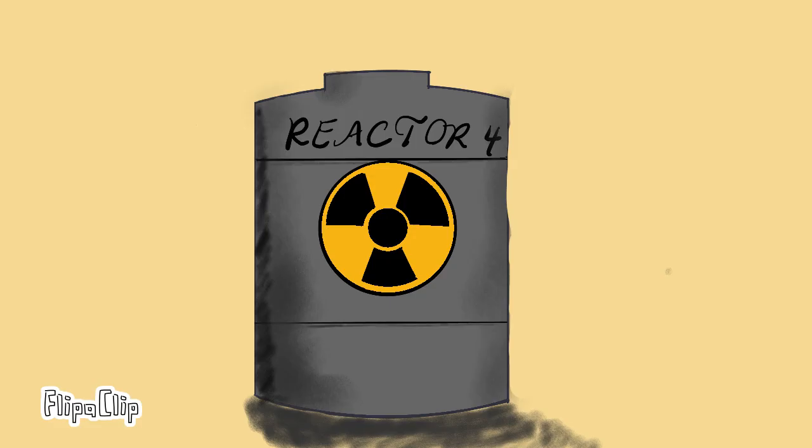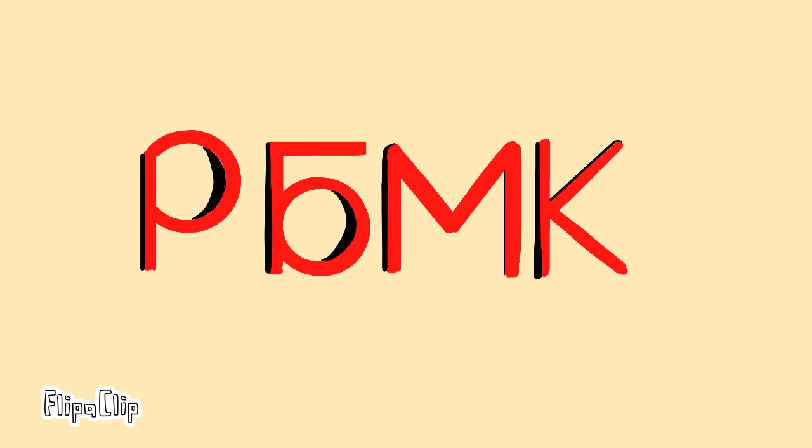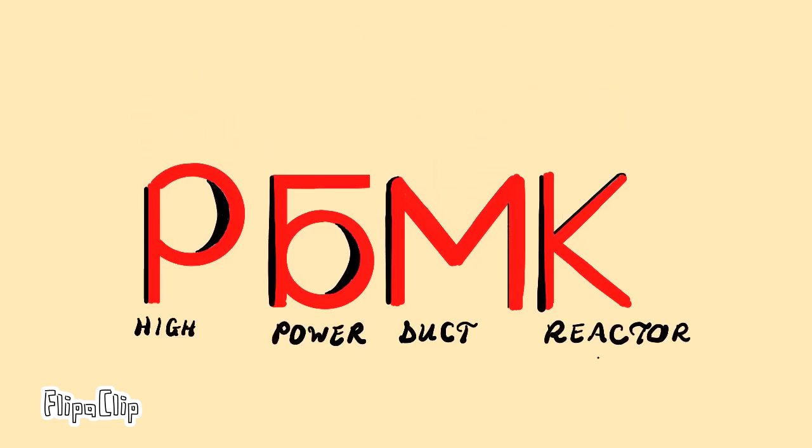But reactor number 4 in the Chernobyl nuclear plant was not a regular nuclear reactor. It was an RBMK, which stands for Reaktor Bolshoy Moshchnosti Kanalnyy, or High Power Channel Reactor. Originally, it was in design from 1964 to 1966 and is very different from most other power reactors.